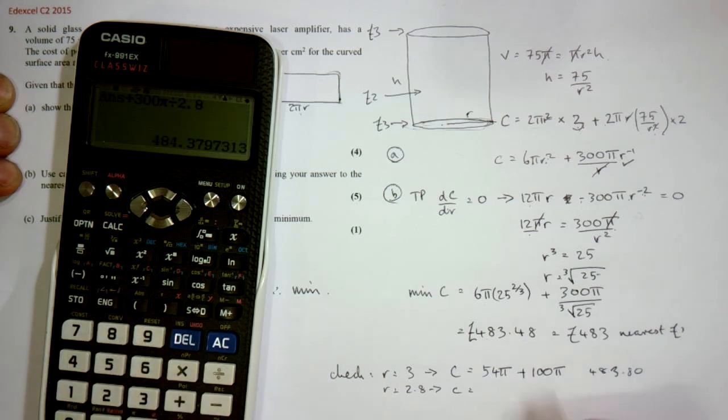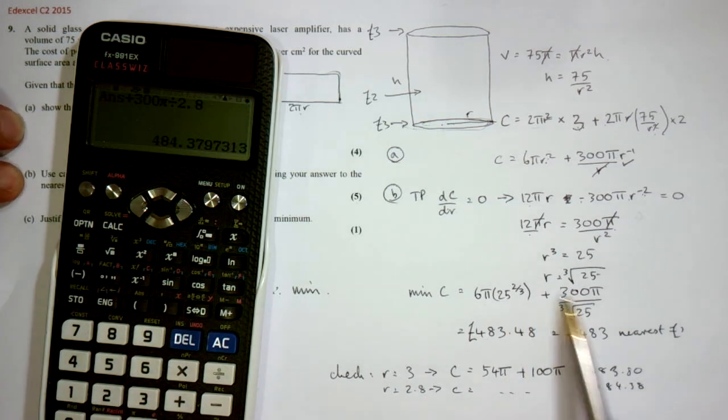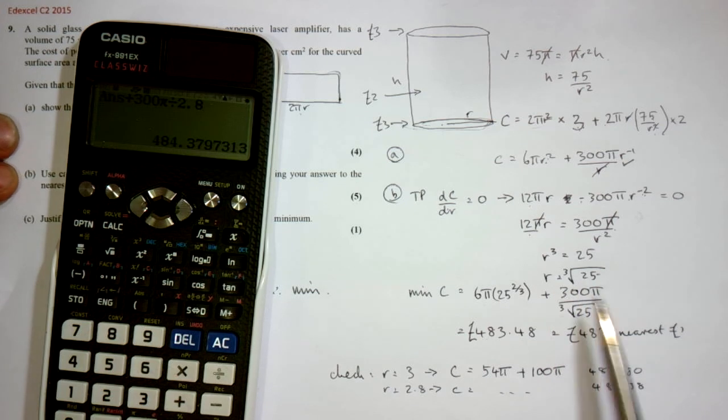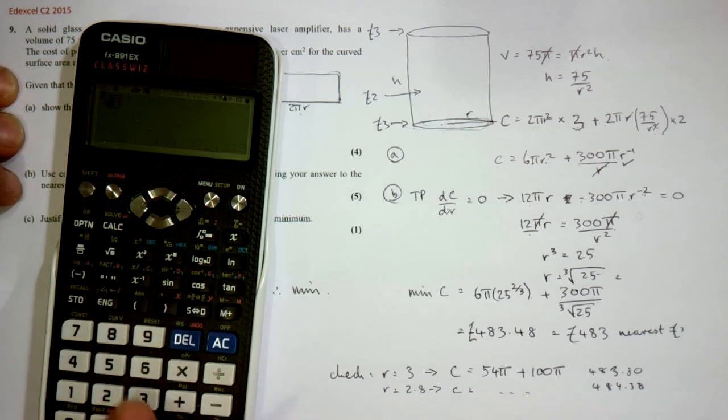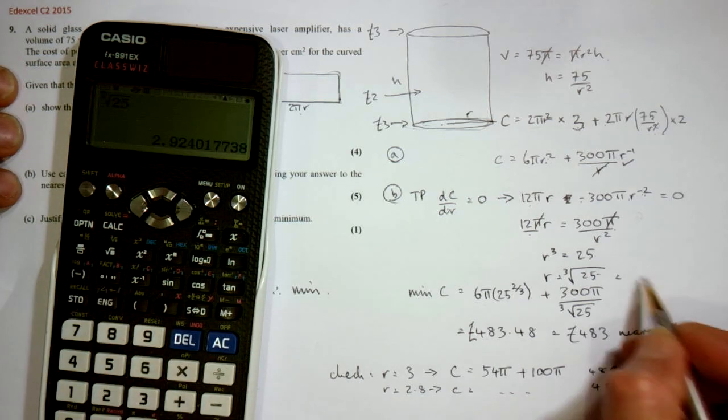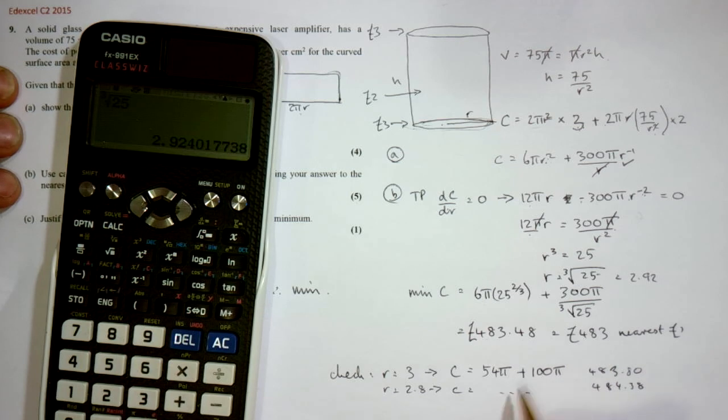That's that much, which is 484.38-ish. So there you go, either side of 2.92, which is the cube root of 25. If you remember, shift cube root 25, 2.92. So either side of 2.92, C is slightly bigger than the minimum value.